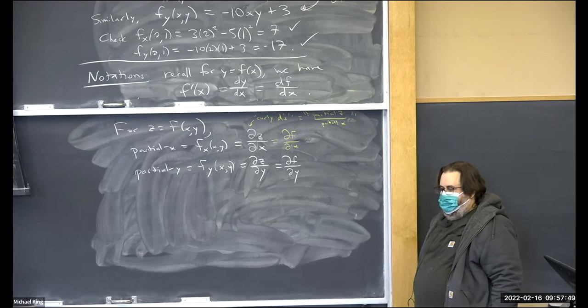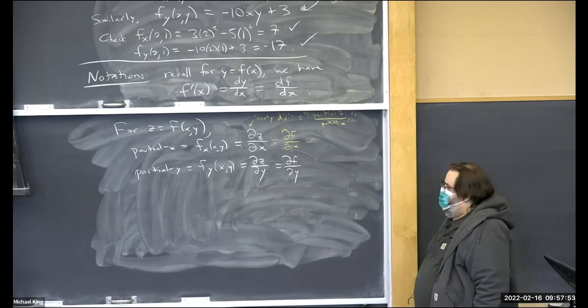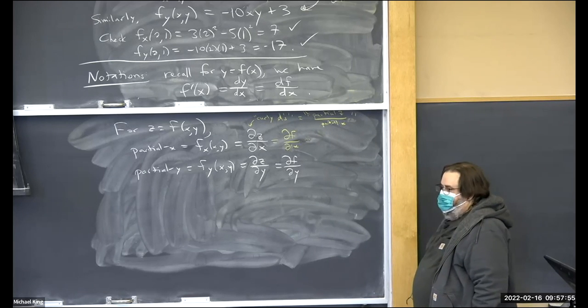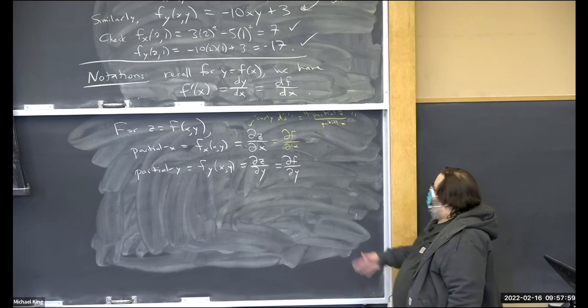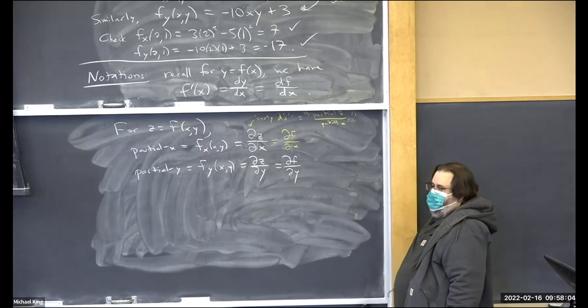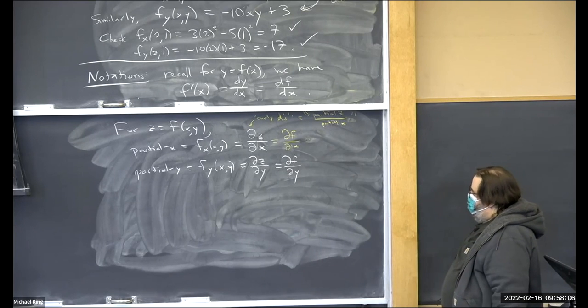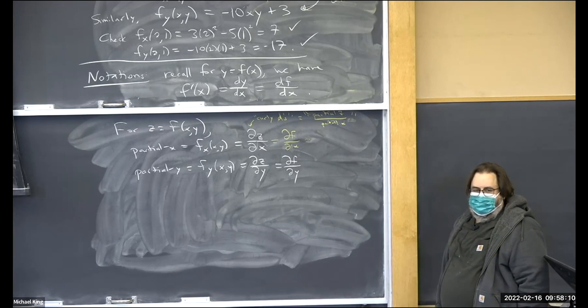You'd have a partial x, a partial y, and a partial z, and you could have dw dx, dw dy, dw dz. I guess we don't say partial, we just say d, but you draw the curly d just to remind yourself this is not a function of just one variable.